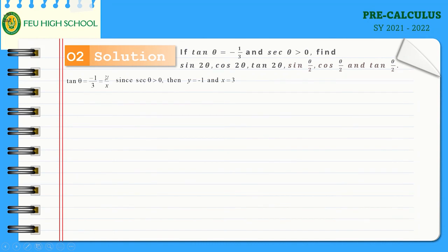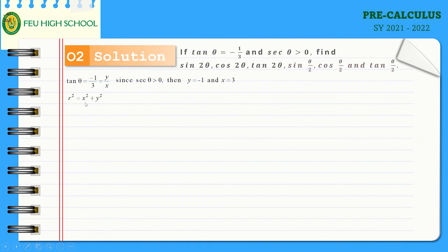So, tama naman yung pagkakasulat dito. Y is negative 1. It's expected to be negative yung y. Positive naman yung x. And then, para mahanap natin yung r, kasi kailangan natin yon para mahanap natin yung mga double angle identity at half angle identity natin.